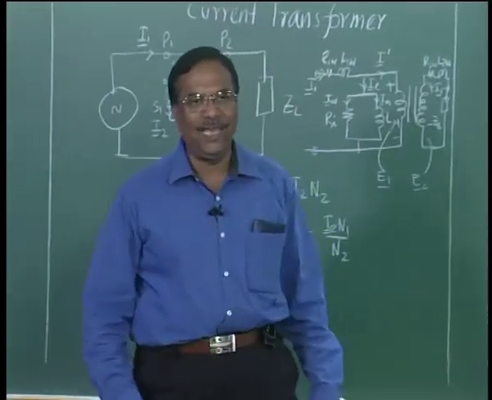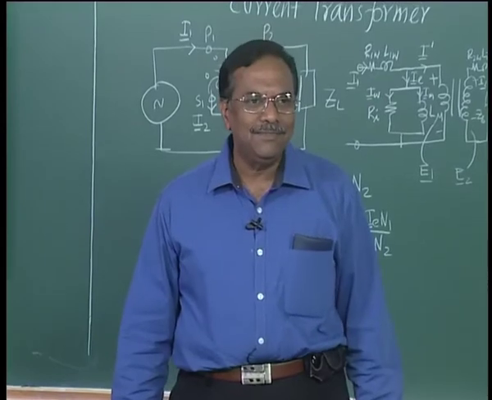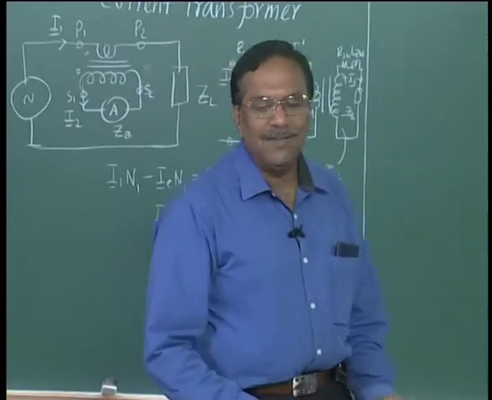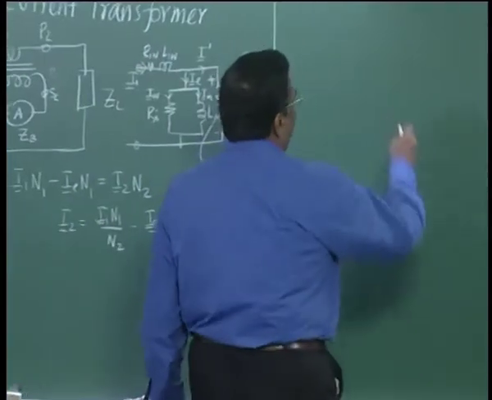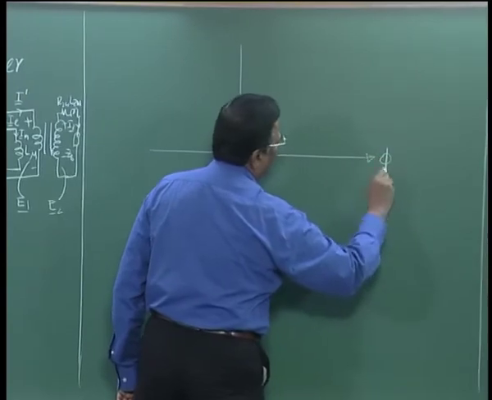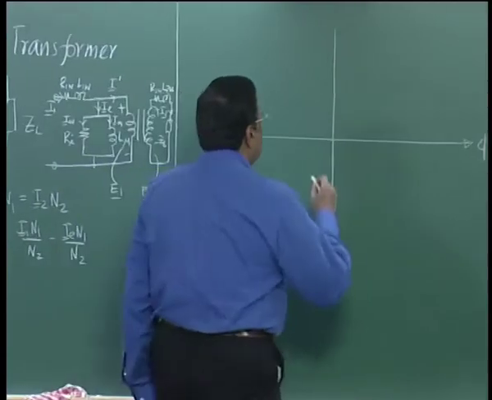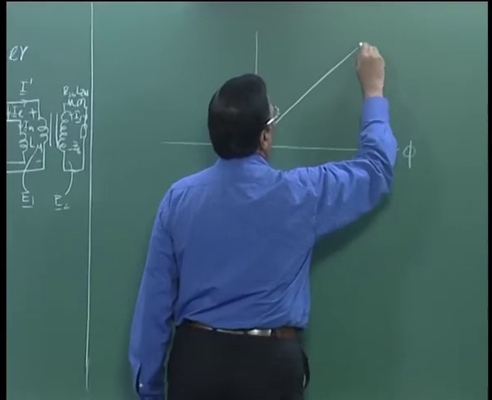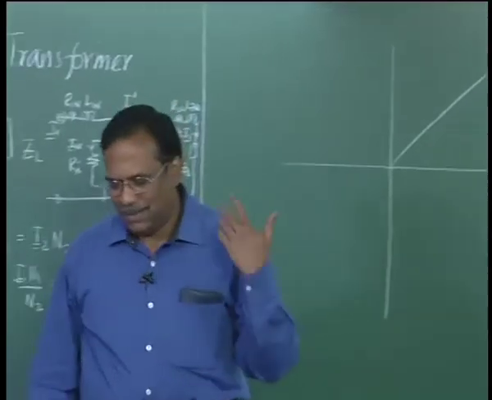Whenever we draw a phasor diagram of a transformer, what is the quantity that we take as a reference? We take flux as a reference because that is common for both primary and secondary. So, we draw the phasor diagram. So, this is my core flux phi, right. The current I1 will be set at a certain angle, right.